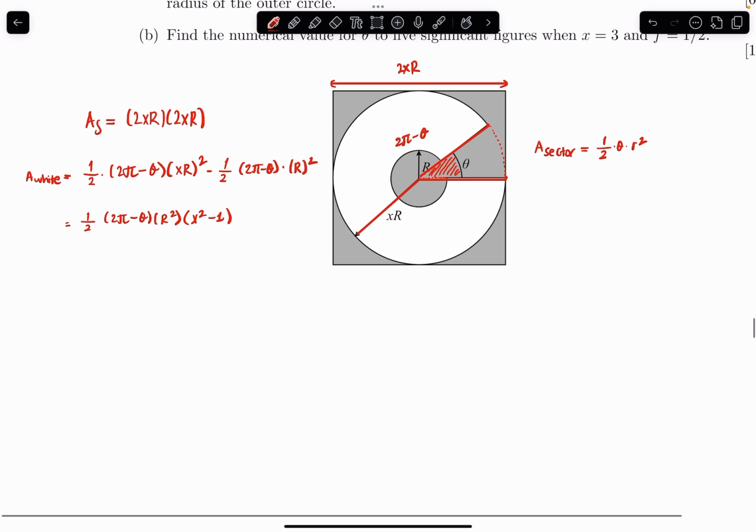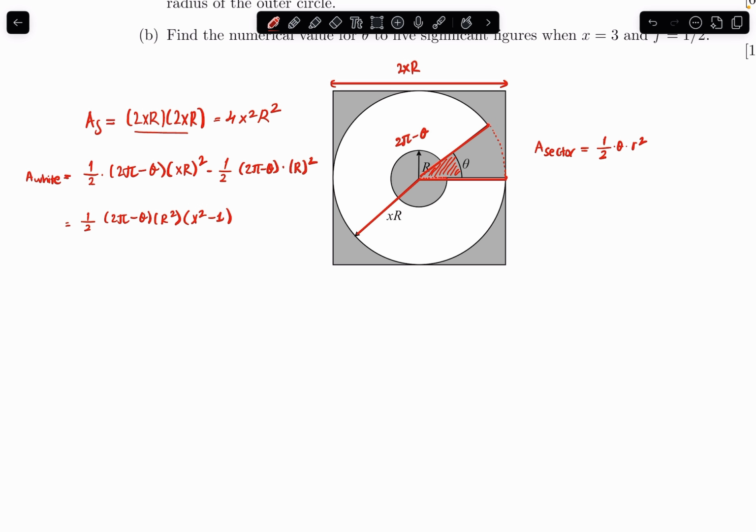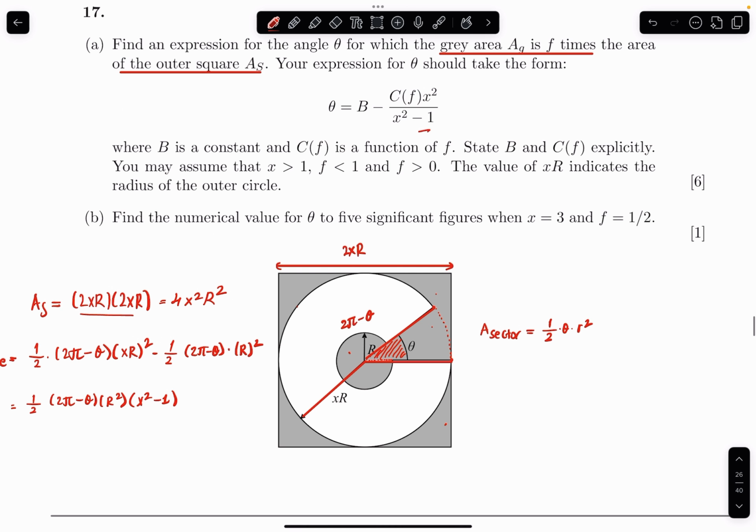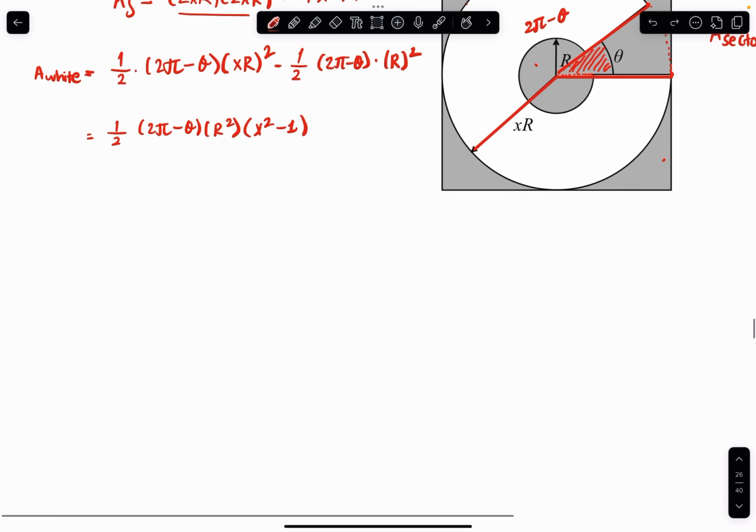If I remove the area of the white piece from the area of the square, which we found to be 4x squared r squared, what I'm going to find is the area of the gray piece, which is the combination of all the gray spaces that we have here. So if we just do that and proceed with the equation, we're going to get this when we leave theta alone. So let's go ahead and do that.